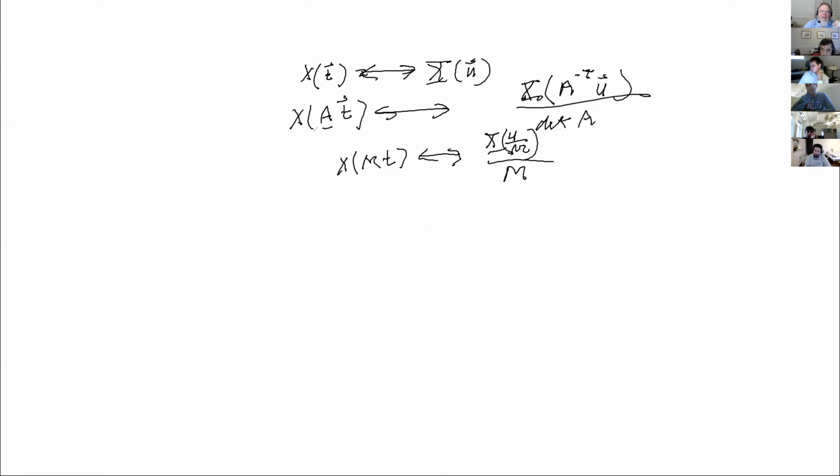If we have x of A t, we can't say x of u over a matrix. But instead, we can do an inverse of the matrix, and that inverse turns out to be transposed. As we've talked about before, the inverse of the transpose is the same as the transpose of the inverse. So it doesn't matter how we do this. This is the generalization of the scale, rotate, and transpose.